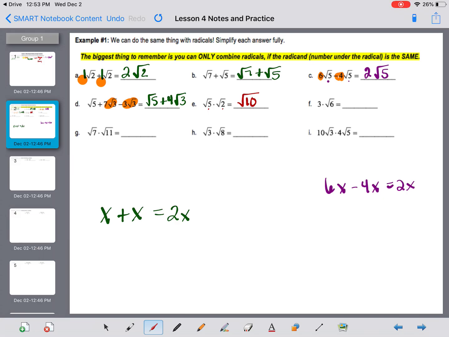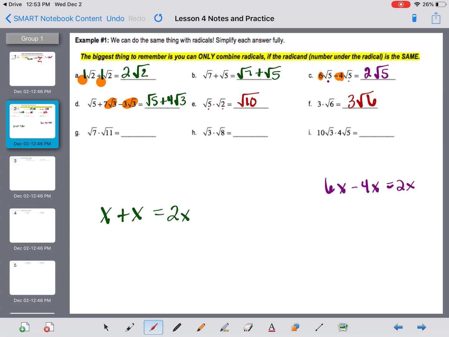If we take a look at F, we have 3 times radical 6. 3 is not underneath a radical, so we cannot multiply the 3 and the 6 together. That literally just becomes 3 times radical 6 or 3 radical 6. They both have to be underneath a radical, or they both have to not be underneath a radical in order to multiply them.